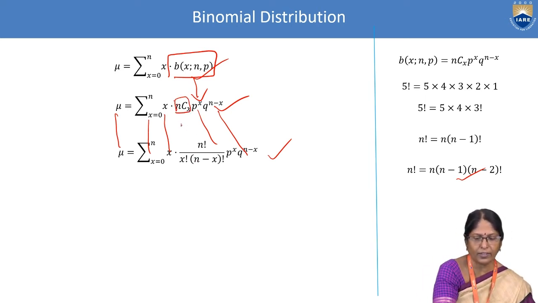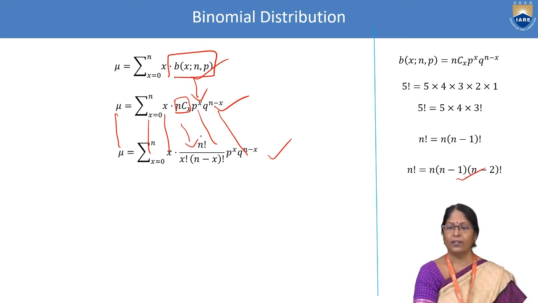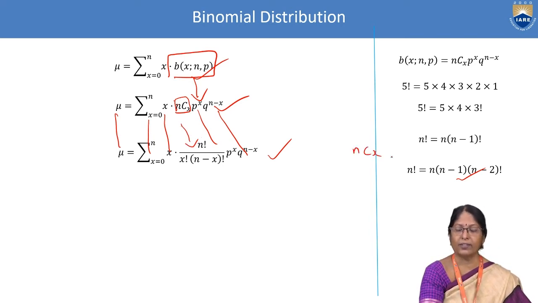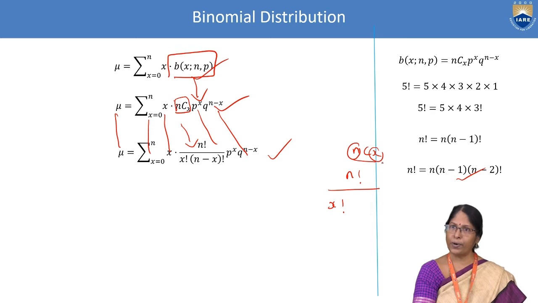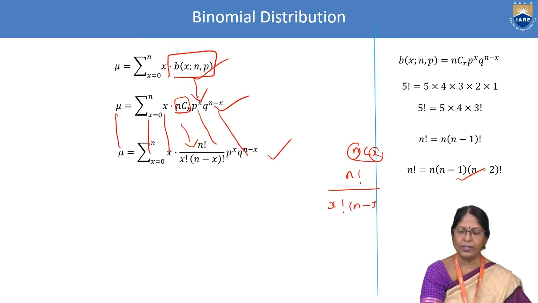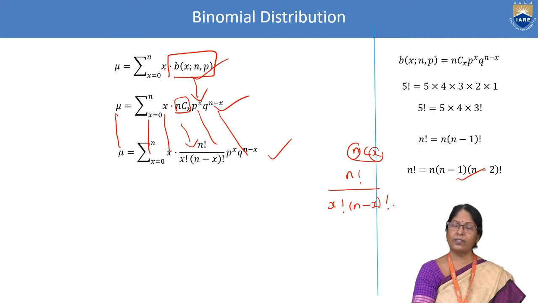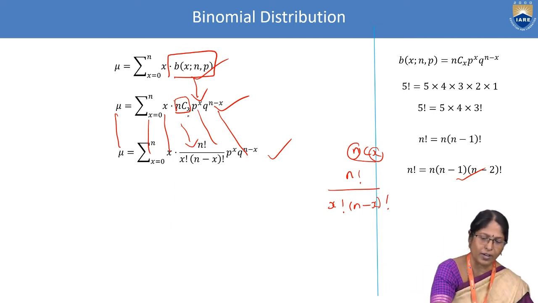The nCx is replaced by n factorial divided by x factorial, and for these two we do the subtraction, n minus x factorial. This is the formula for nCx that is written here in this particular place.